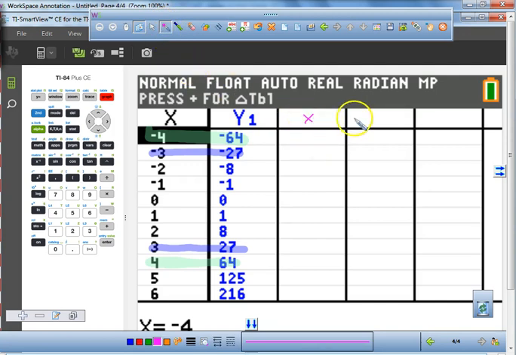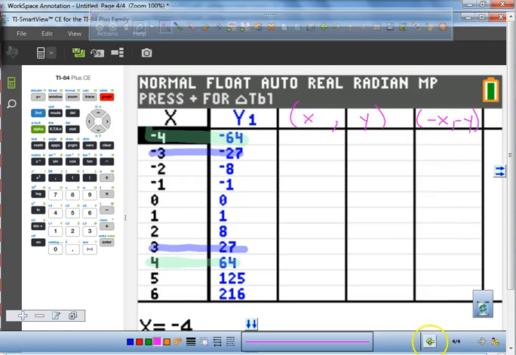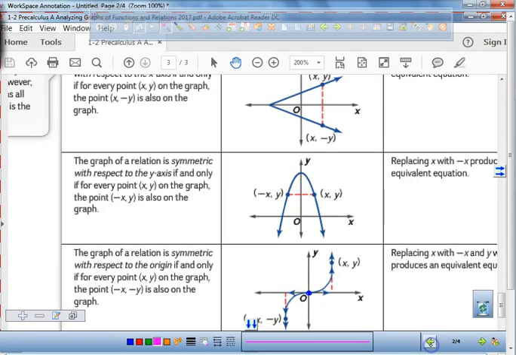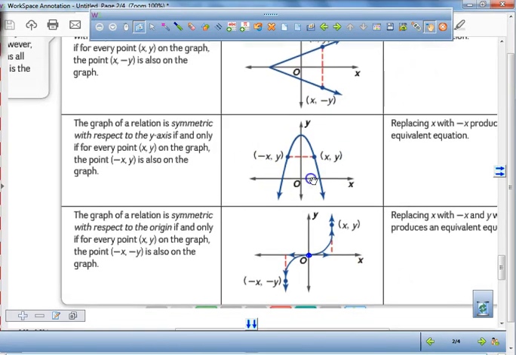If you have an x and a y in this graph, what else do you have? You also have a negative x and a negative y. That's the definition of point symmetry. Okay? Right here. For every (x, y) on the graph, there's also going to be a (negative x, negative y).